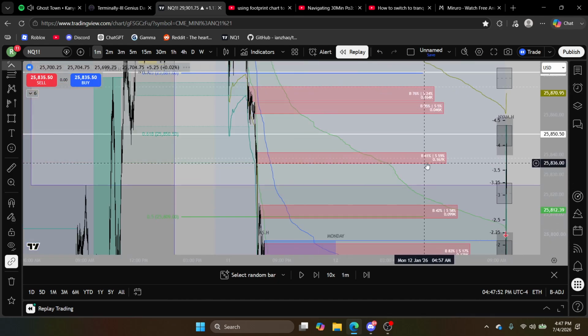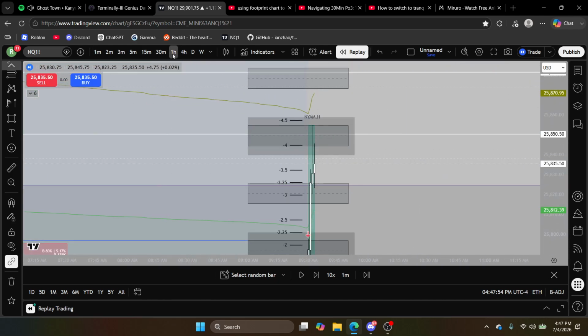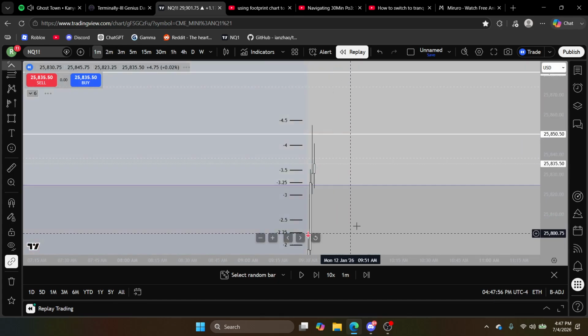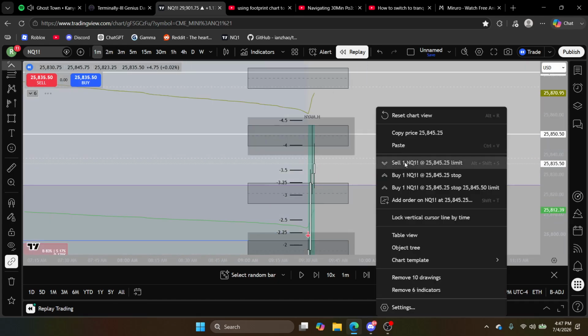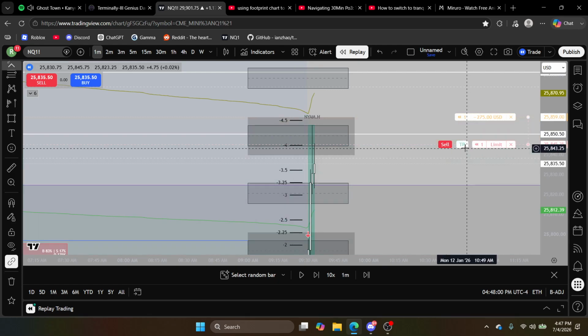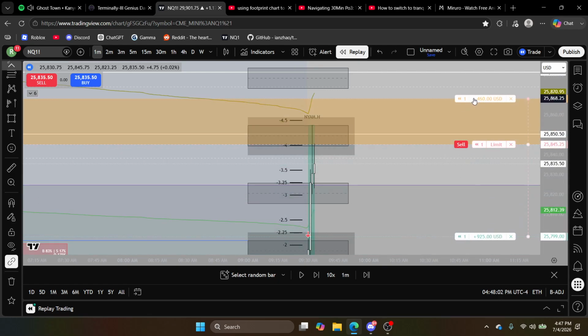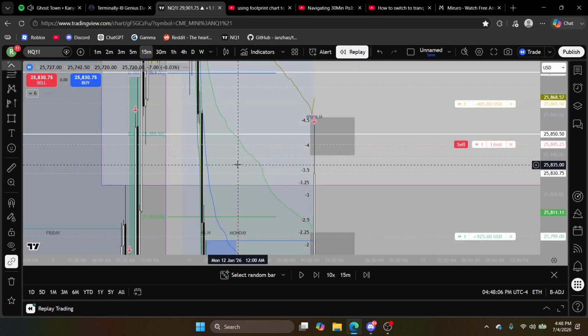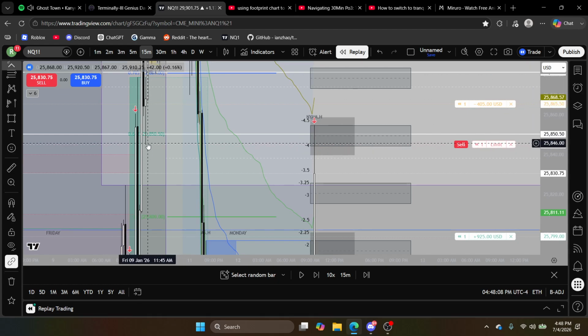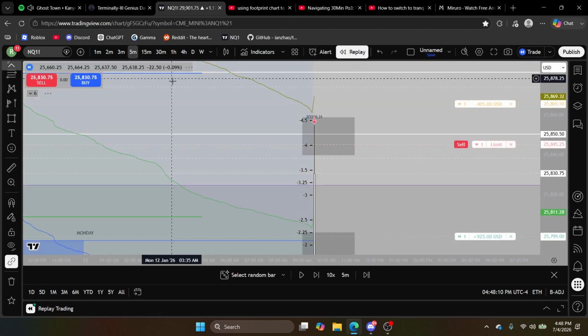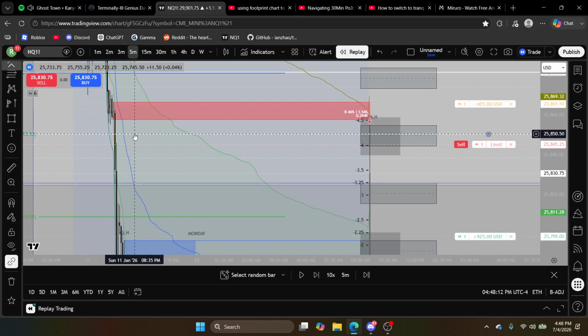We've had 2 rejections. Could be a sign that we've mitigated both fair value gaps. Let's go for shorts off that. Any 15-minute confluences? We have this low or low. I think that also lines up with a theory that I made in the last video.